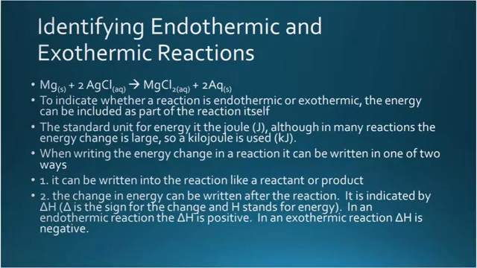It can be written into the reaction like a reactant or a product, or the change in energy can be written after the reaction, indicated by delta H. That triangle is a sign that means change. It's called delta, and the H stands for energy. In an endothermic reaction, the delta H is positive, as the system is absorbing energy, it's gaining energy. In an exothermic reaction, the delta H is negative, so it's losing energy.